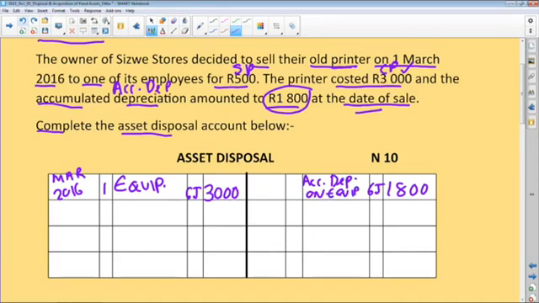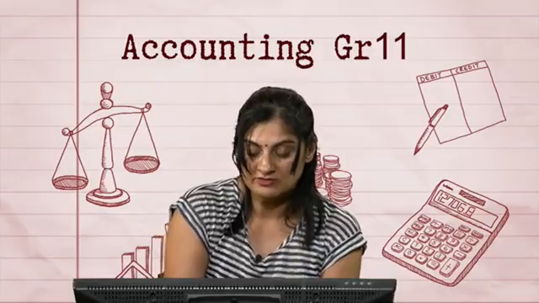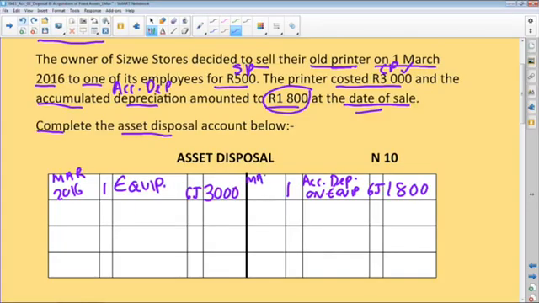I know it's a lot to write out, guys, but remember, your teachers often do allow you to abbreviate to a certain extent. This is how I've abbreviated, but always check whether this abbreviation is acceptable, because it's quite a bit to fit in this little column. And the date, 1st of March 2016. So I've now recorded my accumulated depreciation.